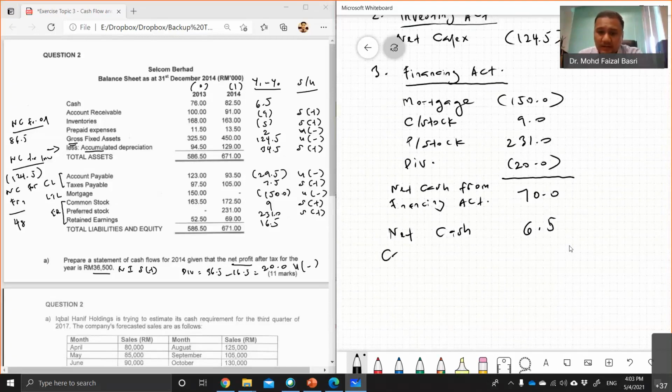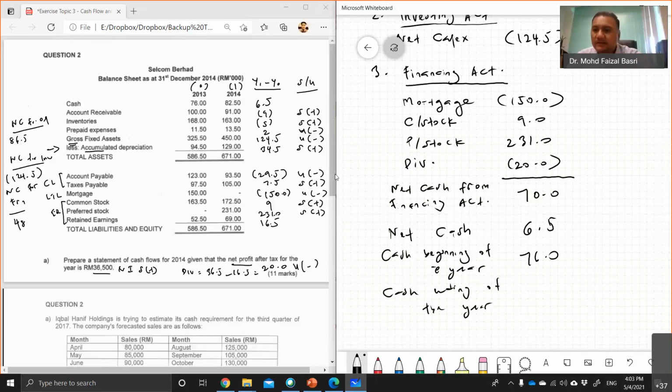So cash at the beginning of the year, which is 2013, will be 76.0. Cash at the end of the year: so 6.5 plus 76 would be 82.5.